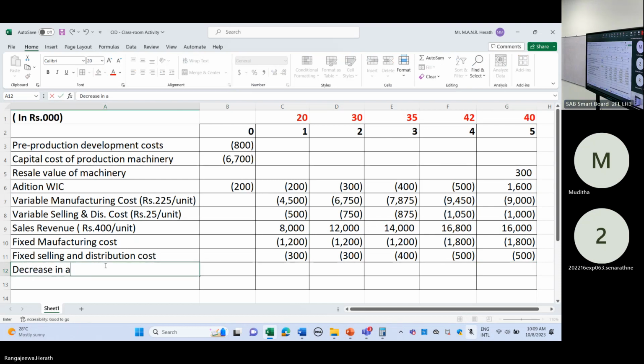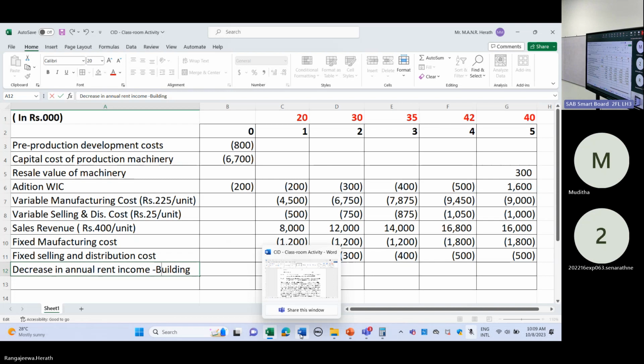Decrease in annual rent income from the building. Right? The building used as the factory building currently earns monthly 100,000. That means 1.2 million rent income is being earned at the moment, while Sigma pays 1,500 as rent. It is not being used now; it is given to another company as a warehouse, earning 1,200 a year.